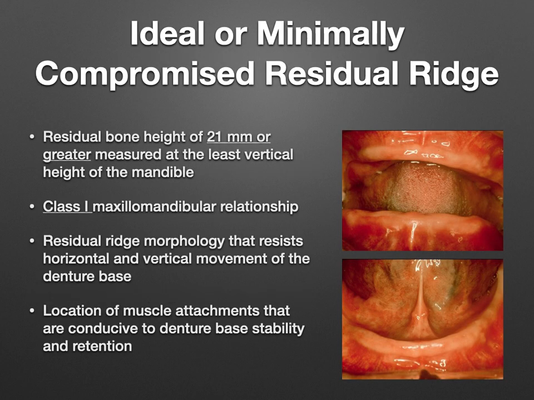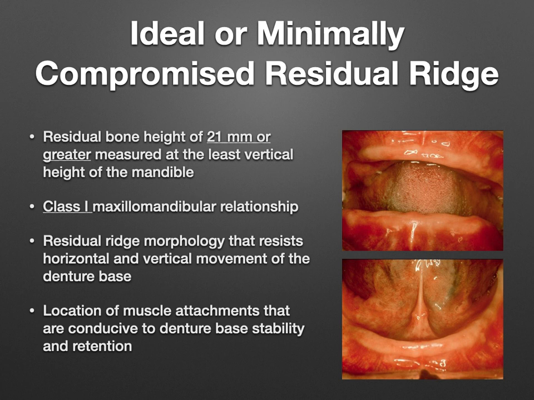So first, let's take a look at this case. This is considered an ideal or minimally compromised residual ridge. If the x-ray shows the mandible still has 21 or more millimeters of height, then that is considered an ideal lower residual ridge. If a patient is a class 1, that is also considered ideal and a minimally compromised ridge.